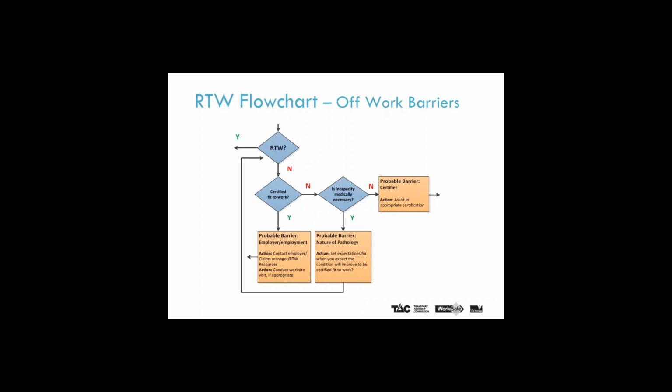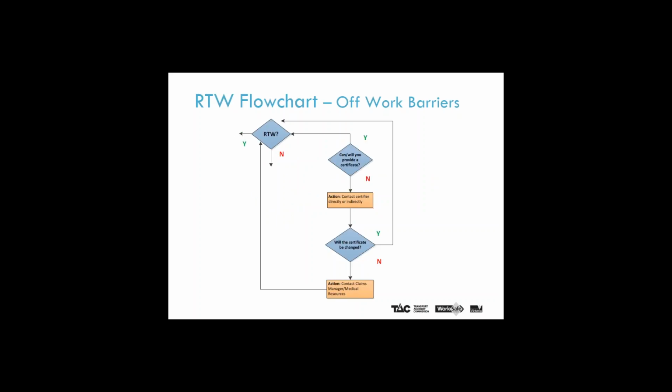Finally, if the patient is certified no capacity for employment and it is not medically necessary, then the return to work barrier is the certifier. It is within the scope of a physiotherapist to assist in appropriate certification. If it's been identified that the certifier is the barrier, the first thing to consider is whether you are able or willing to issue a certificate.